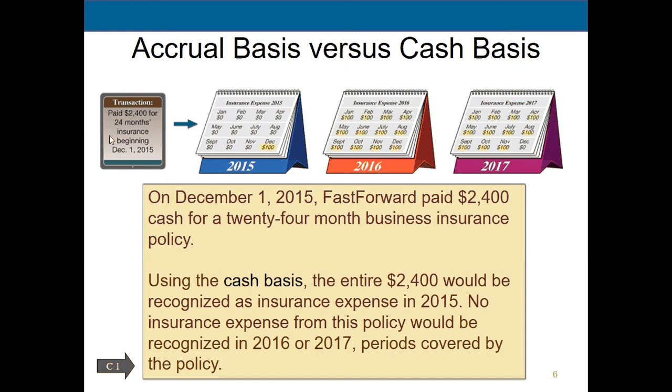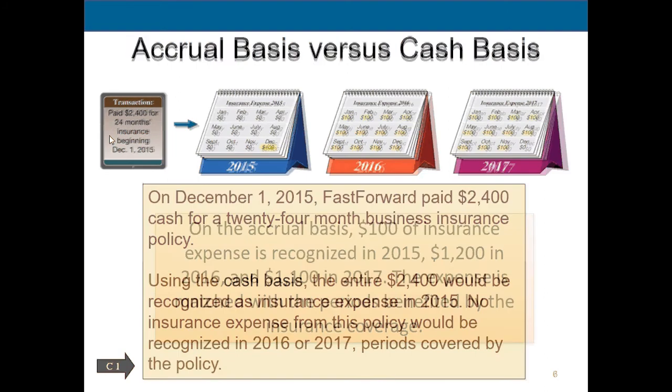When it was paid on December 1st, 2015, you're going to see the whole $2,400 hit in the year of 2015. No insurance expense from the policy would be recognized in 2016 or 2017, which is really the periods that are covered by the policy. So that's why it's a departure from GAAP, because GAAP says that you should be showing insurance expense at $100 per month, not $2,400 in December of 2015.